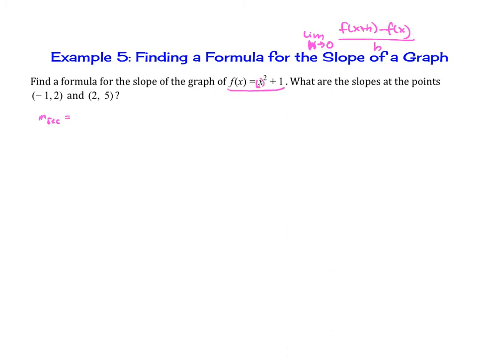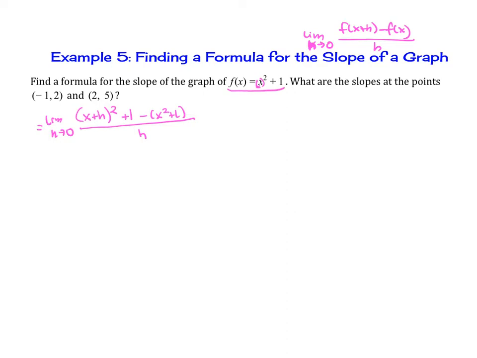So first, this is going to be x plus h squared plus 1, and then minus f of x, so that's just minus parentheses x squared plus 1. Again, be careful with those parentheses, and then all over h. And one thing that I forgot here is, of course, you have to write the limit as h approaches 0. So don't forget that.